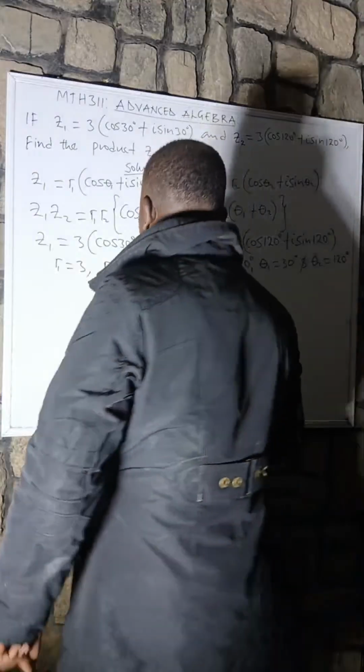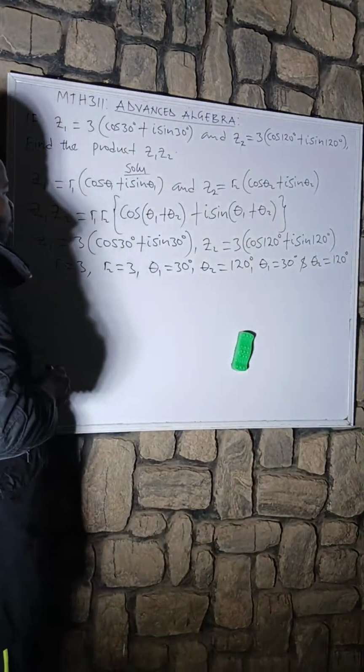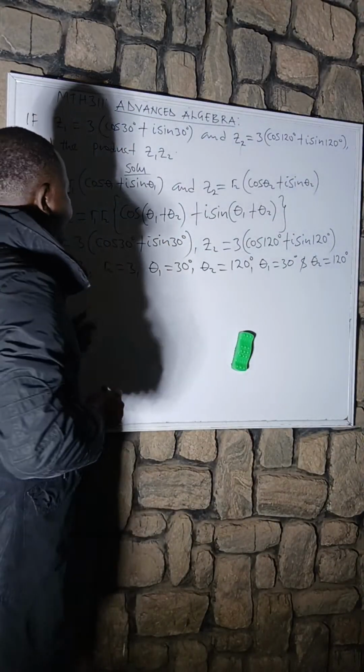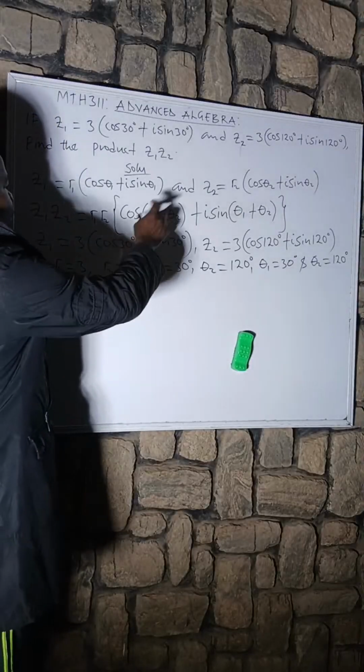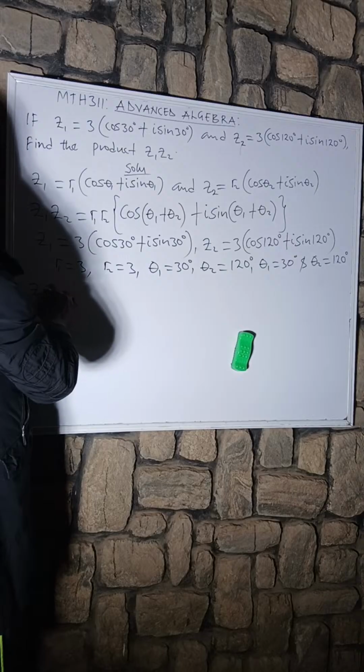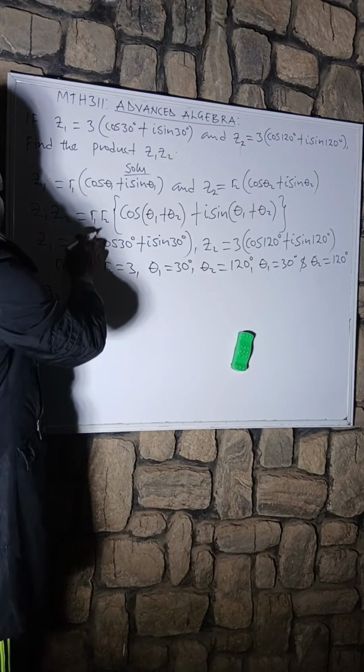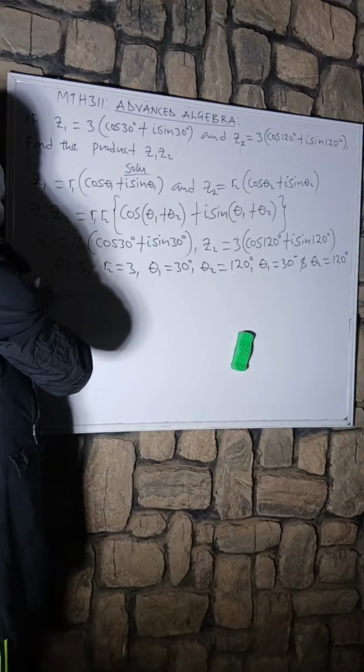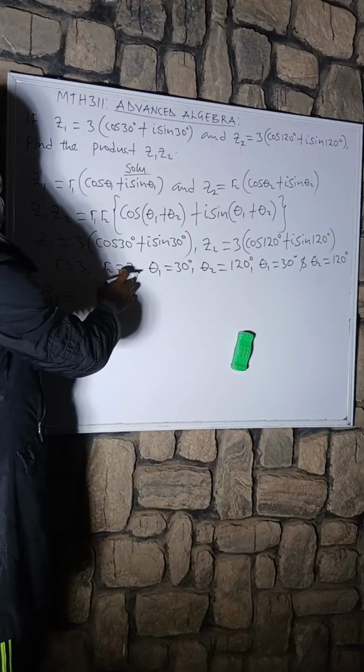If you agree with me, we are going to substitute this here. This implies that our Z1 times Z2 equals, what is our R1? R1 is 3, R2 is 3.